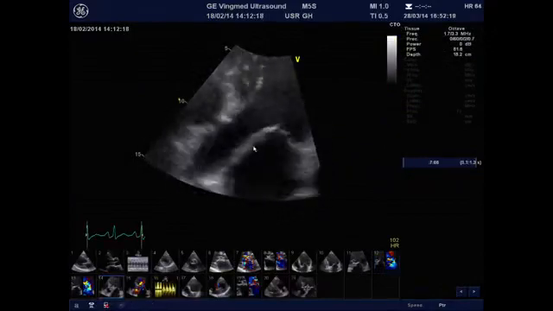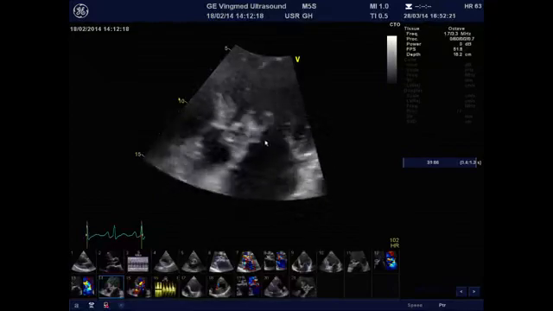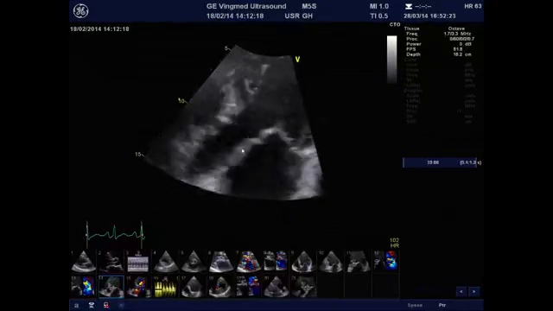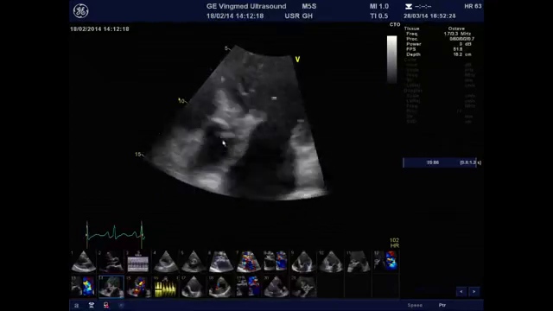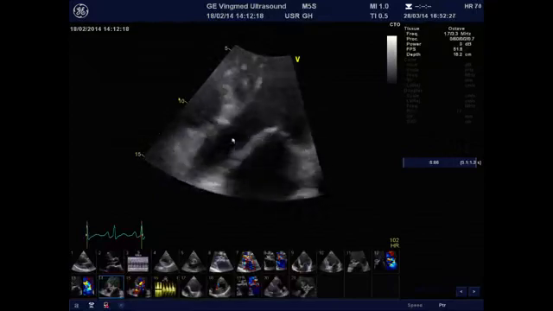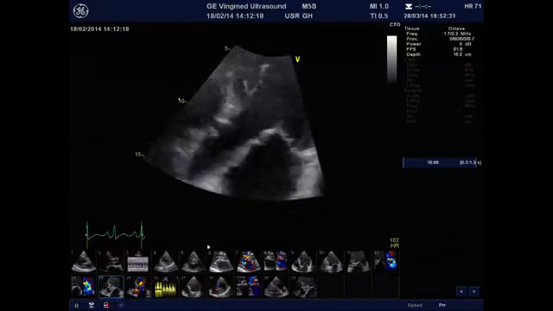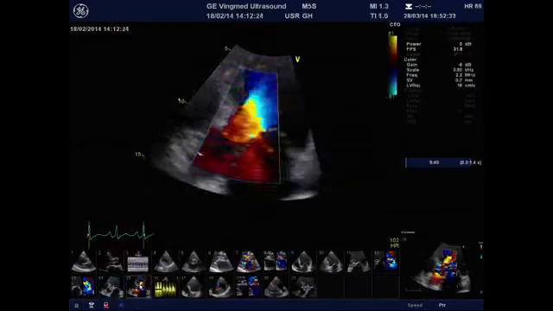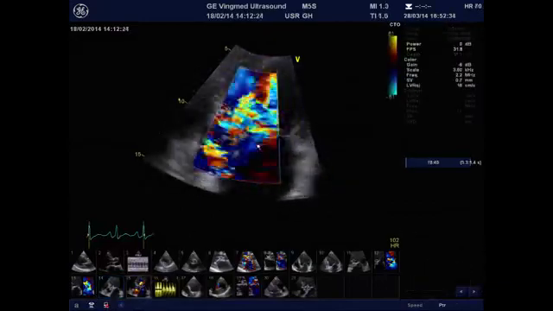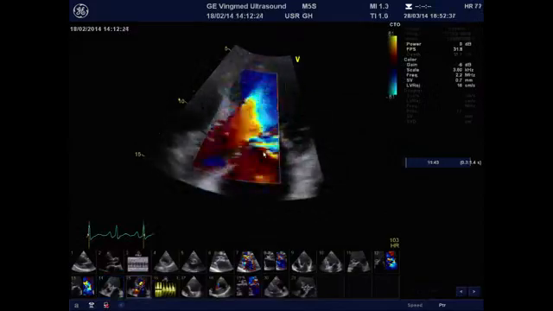This is probably an aneurysm of the anterior mitral valve, and the mechanism is the infected jet coming from the aortic regurgitation, which creates these lesions on the anterior mitral valve and finally is responsible for the perforation of the anterior mitral valve.